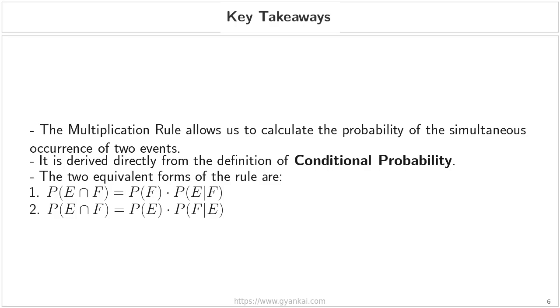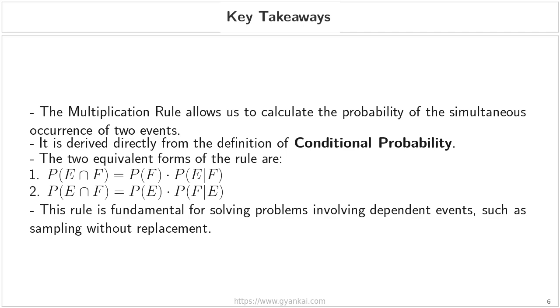The first form is, the probability of E intersection F equals the probability of F, multiplied by the probability of E given F. The second, equally valid form is, the probability of E intersection F equals the probability of E, multiplied by the probability of F given E. Both will lead you to the same correct answer, as long as you are consistent with your order.